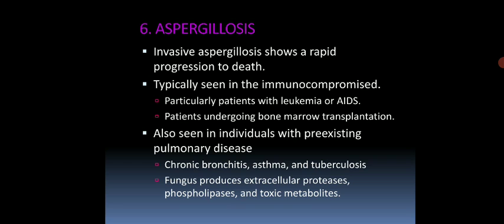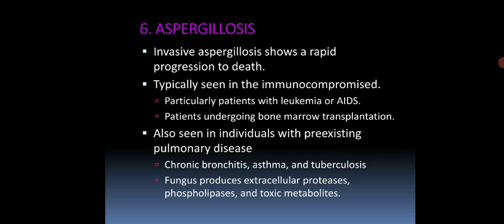Then aspergillosis, again an important fungal infection, in this case invasive aspergillosis. It can show rapid progression to death and is typically seen in immunocompromised persons, that is persons suffering from AIDS or cancer, and also in individuals with pre-existing pulmonary diseases such as chronic bronchitis, asthma or tuberculosis.